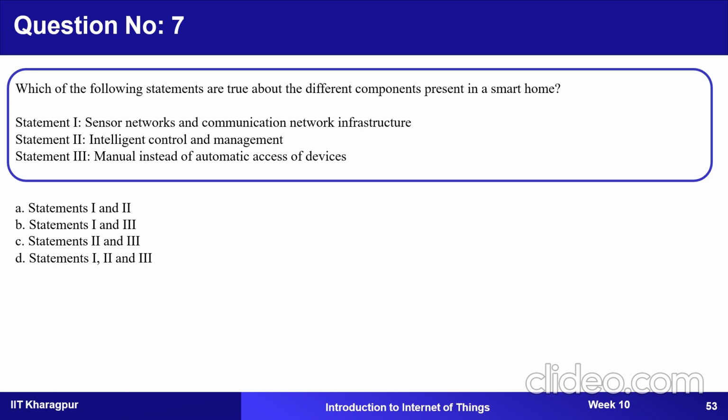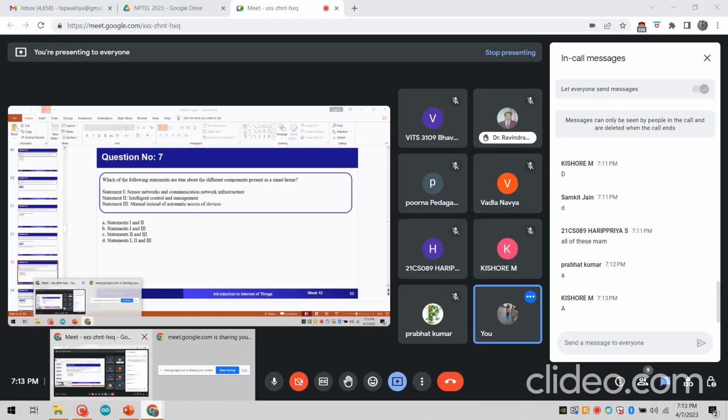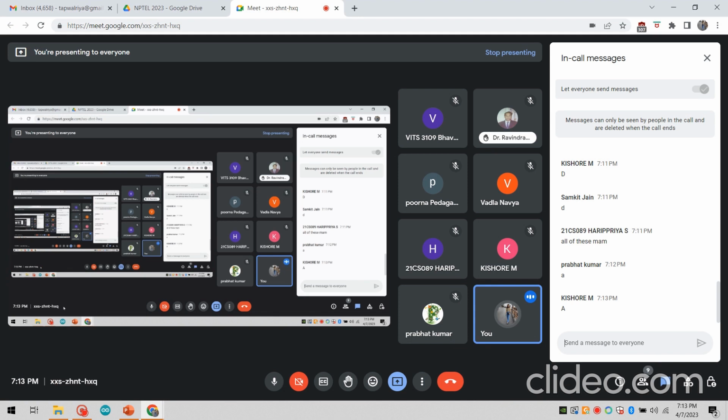So A option is statement 1 and 2, B is statement 1 and 3, C is statement 2 and 3, and D is 1, 2, 3 all. A.